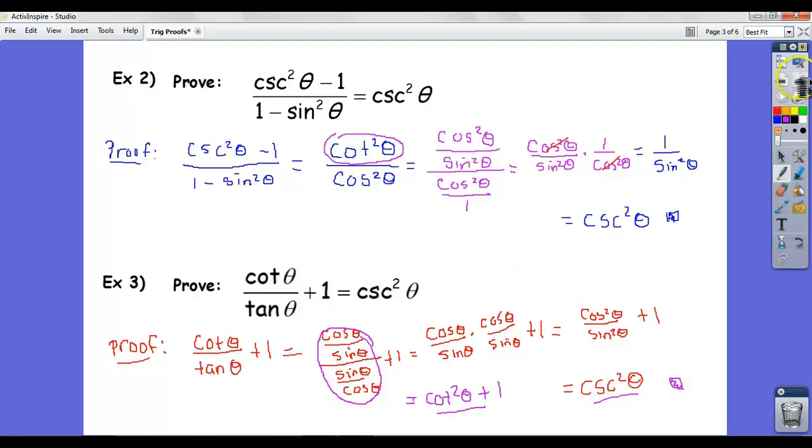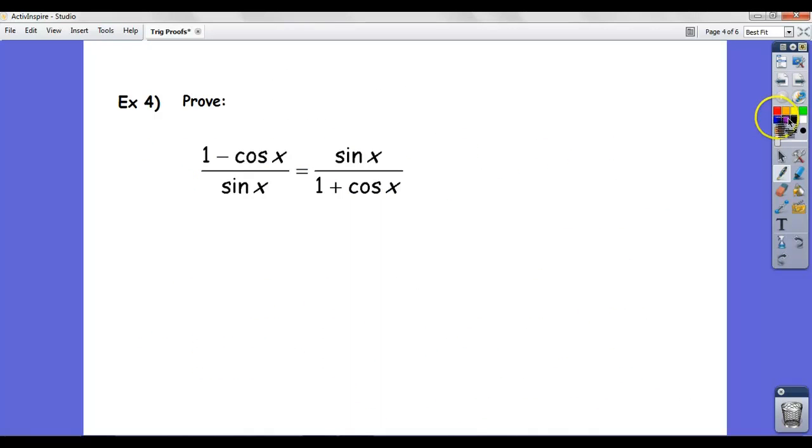All right, let's look at one more example, and then we'll wrap it up with proofs. So I'm going to prove that 1 minus cosine divided by sine equals sine over 1 plus cosine. Now the reason I singled this one out is because it's not like one side looks simpler than the other, right?